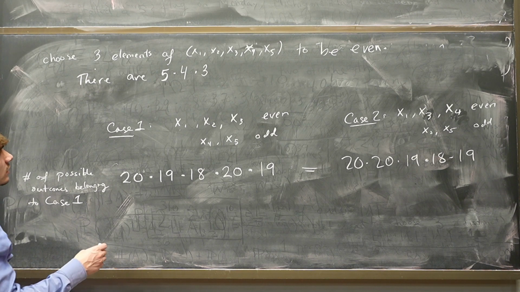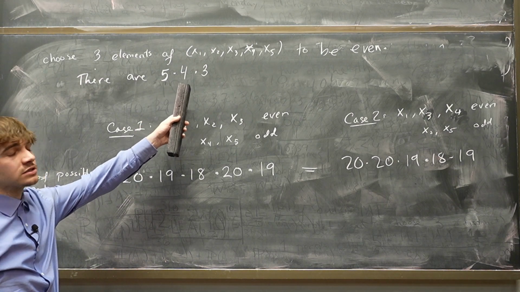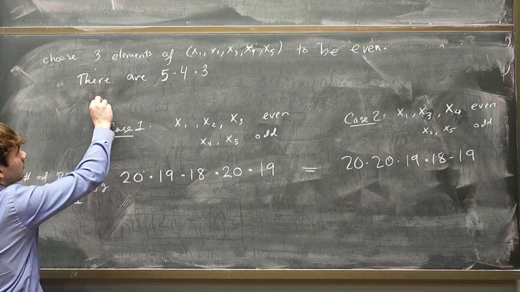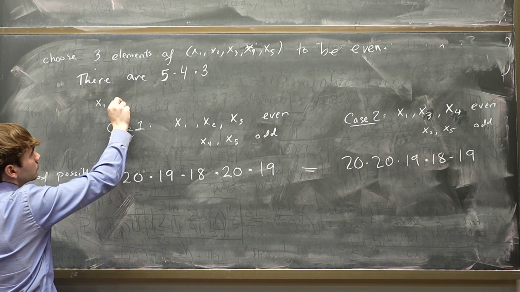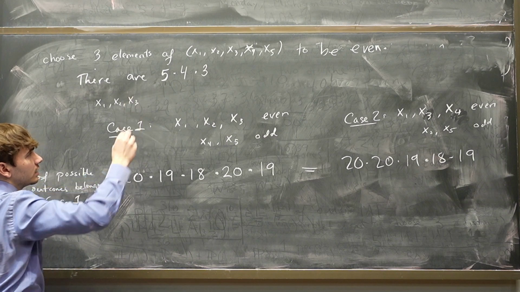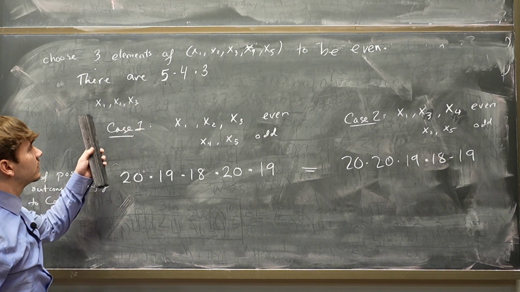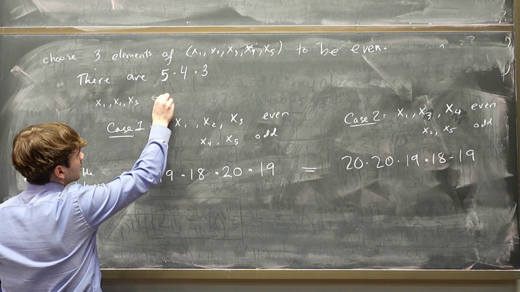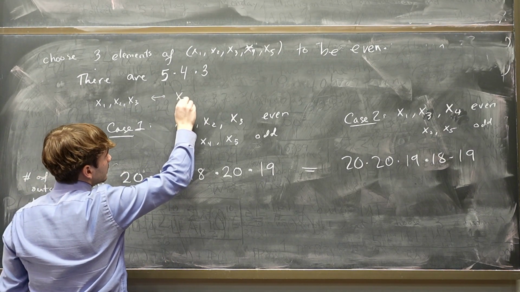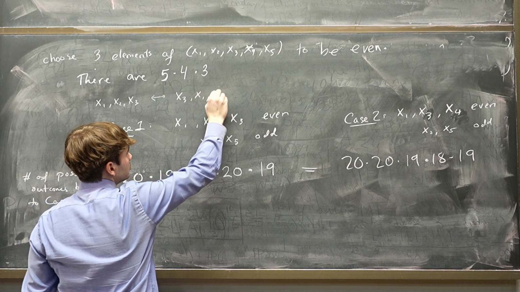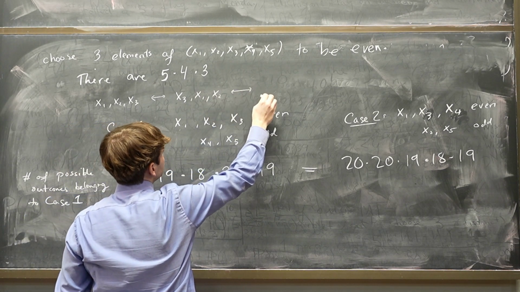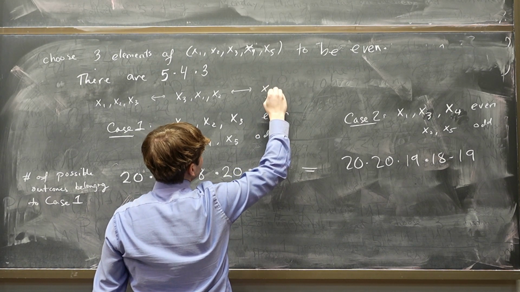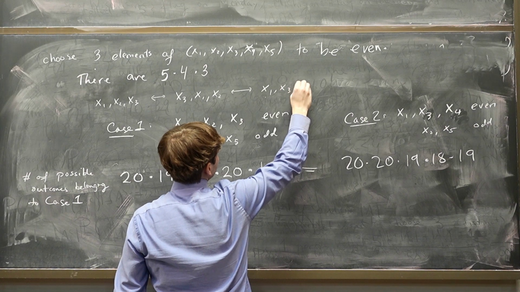So if I just left it with this, then I'd be overcounting because, for example, if I chose x1, x2, and x3 to be even, this is equivalent to choosing x3, x1, x2, and it's also equivalent to choosing any permutation of these, x1, x3, x2, etc.